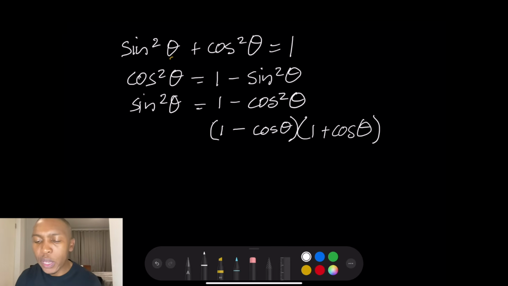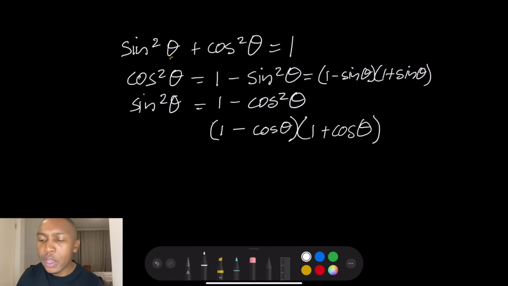So we can always express it that way. And for 1 minus sine squared of theta, you can always express it as 1 minus sine of theta and 1 plus sine of theta. This can come in quite useful at any given point.